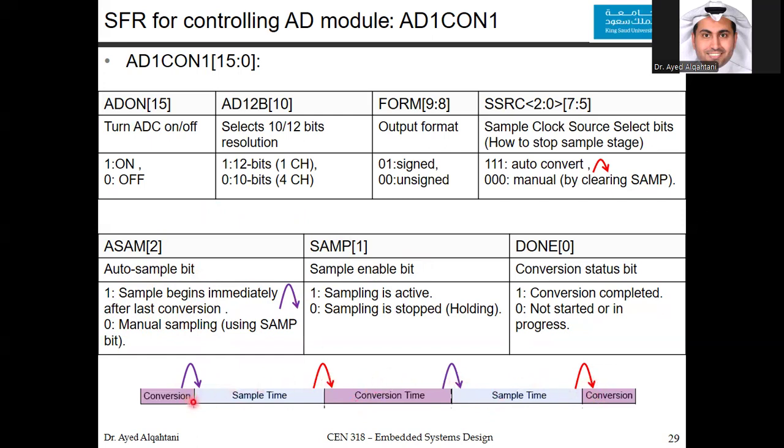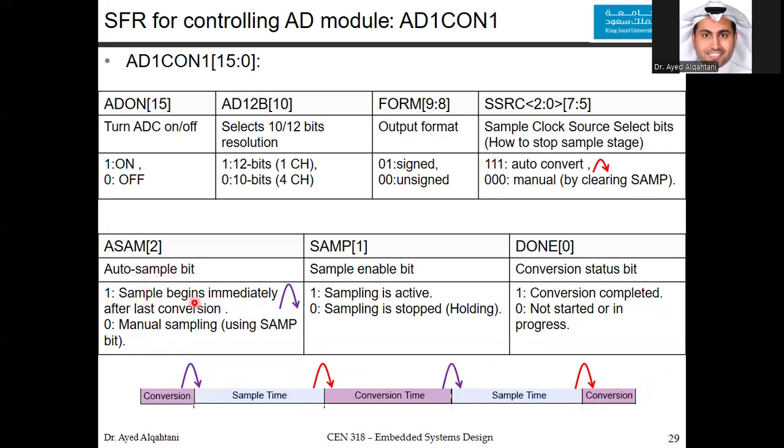So if you go to the beginning, the sampling here will start right after the conversion that was before it. So what do we mean by auto sampling? Once you finish the conversion, the next sample starts automatically. Again, sample and conversion for the next analog input reading, and then automatically you move to the next, and so on. This is if you choose auto sample.